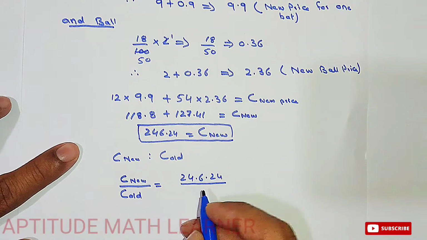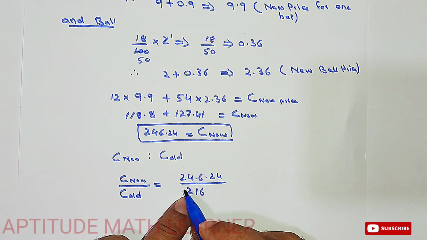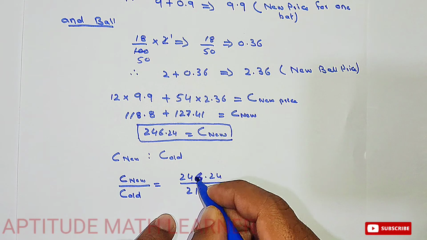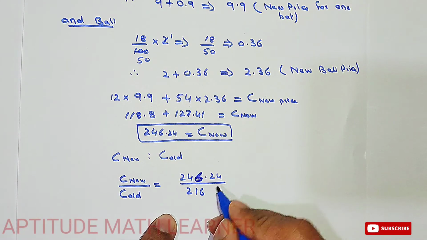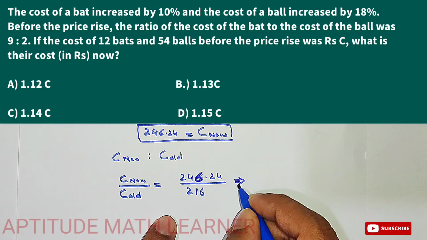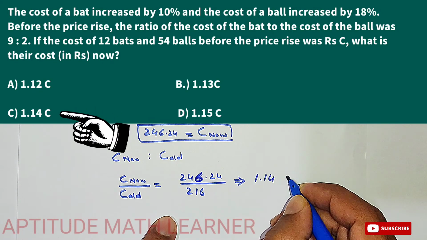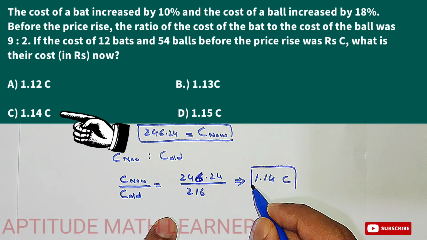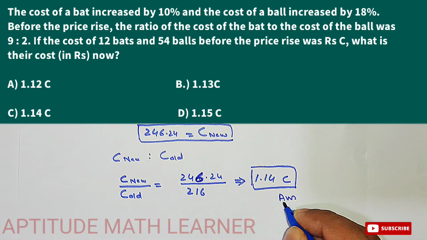So 246.24 divided by 216, and we get the answer 1.14 C. So this is the answer given above.